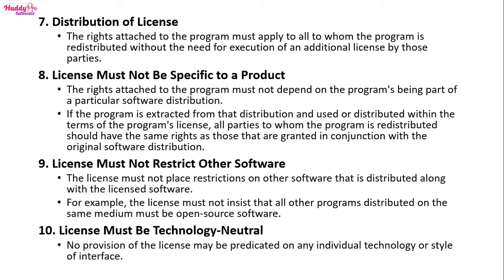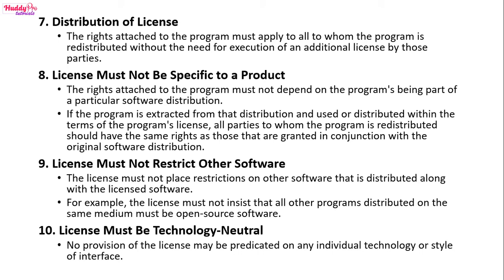So you must not be specific. If the program is extracted from that distribution and used or distributed within the terms of the program's license, then all the parties to whom the program is redistributed should have the same rights as those that are granted in conjunction with the original software distribution.